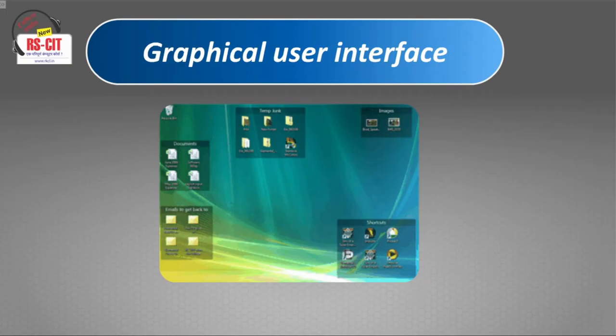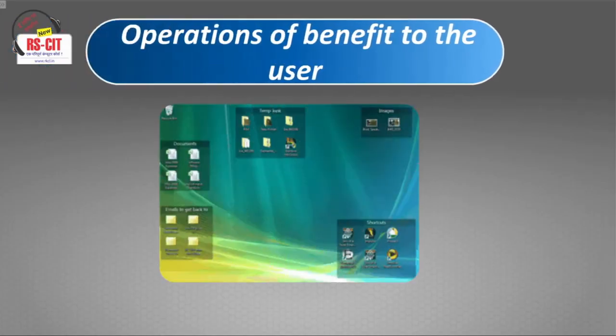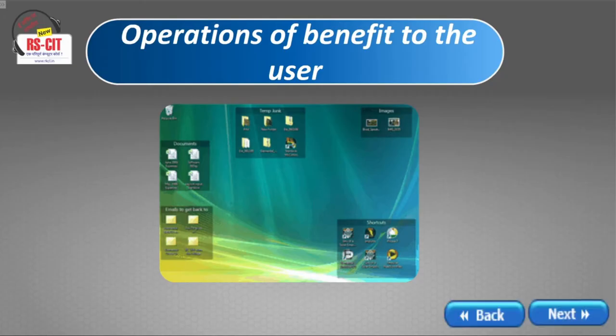Examples of GUI include modern versions of Windows, Linux and Mac, etc. Operations of benefit to the user. With a graphical user interface, modern Windows OS versions provide the capability to carry out many varied operations of benefit to the user. Let's discuss these benefits of operations one by one.